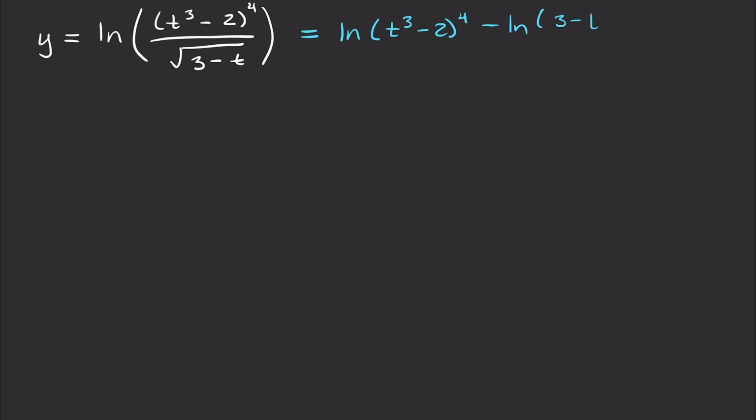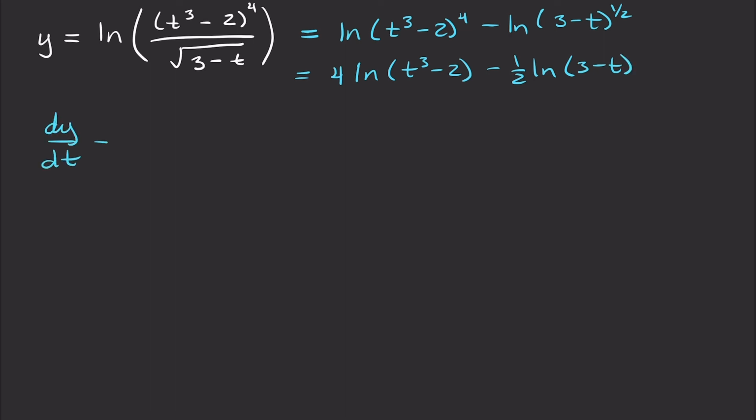And I'm going to go ahead and write this to the 1/2 power. So now we can use our property of natural logs to bring our exponents out in front of our natural log, like that. And now we can take the derivative fairly easily.